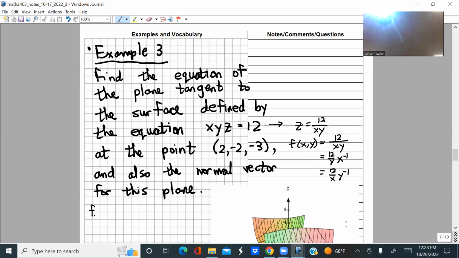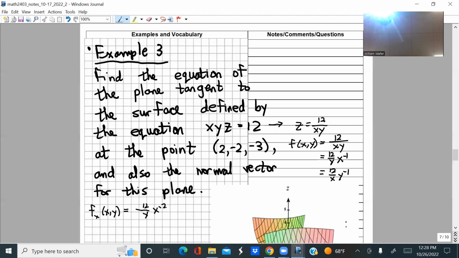So what is the partial with respect to x? Well, let's use this version of our formula. We just apply the power rule, right? Bring the minus 1 down. So you would have minus 12 over y, and then subtract 1 from the exponent.